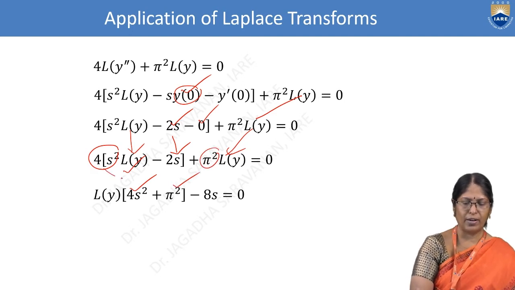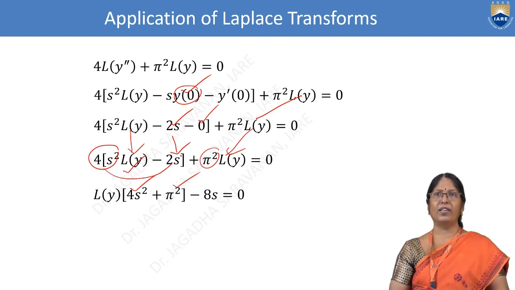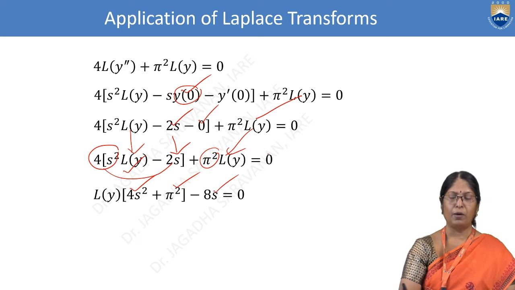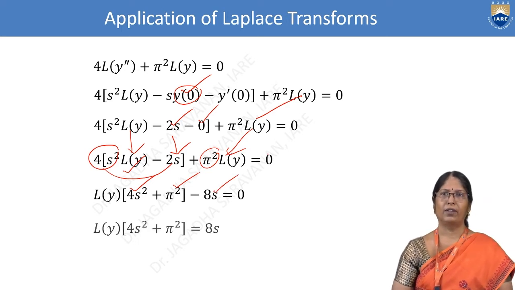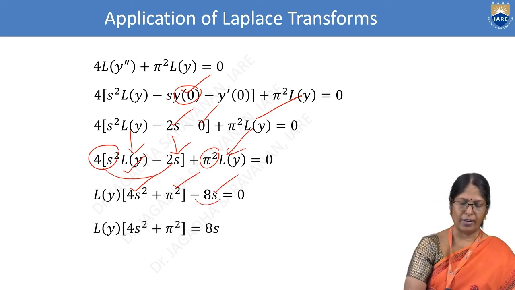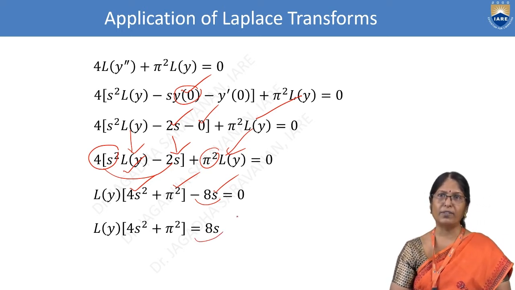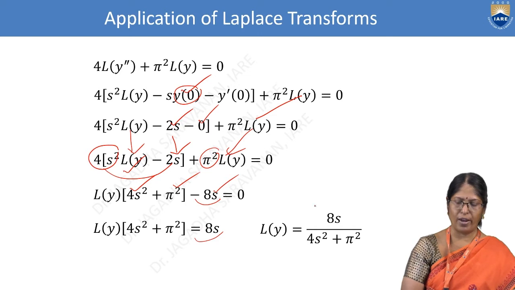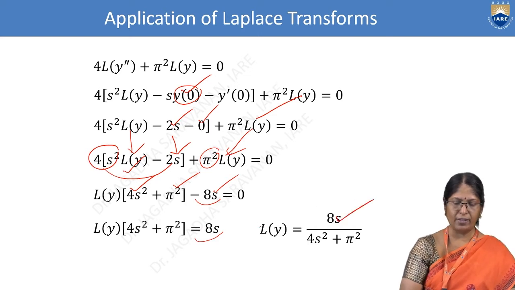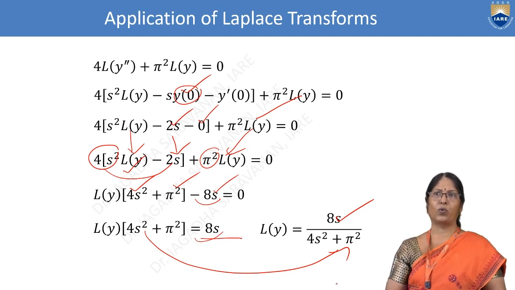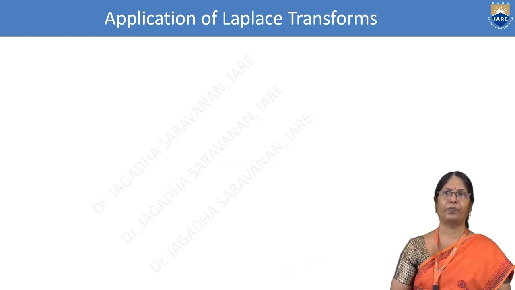The balance is 4 into minus 2s, which is nothing but minus 8s. In the next step, minus 8s we push to the right side, and it becomes plus 8s. So L of y is nothing but 8s divided by 4s square plus pi square.